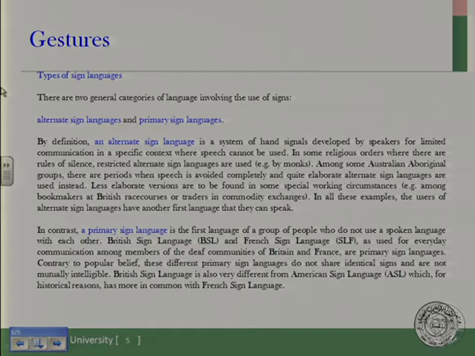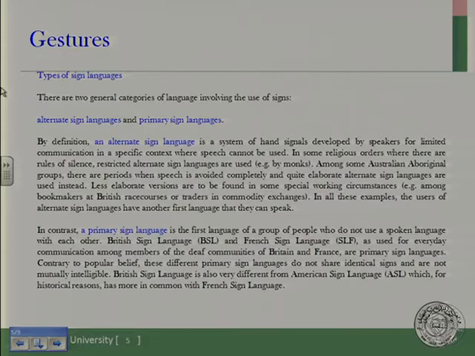The second type of sign language is a primary sign language, which is the first language of a group of people who do not use a spoken language with each other. Now, we have here British Sign Language, that is BSL, and we have also FSL, that is French Sign Language, as used for everyday communication among members of deaf communities of Britain and France, are primary sign languages.